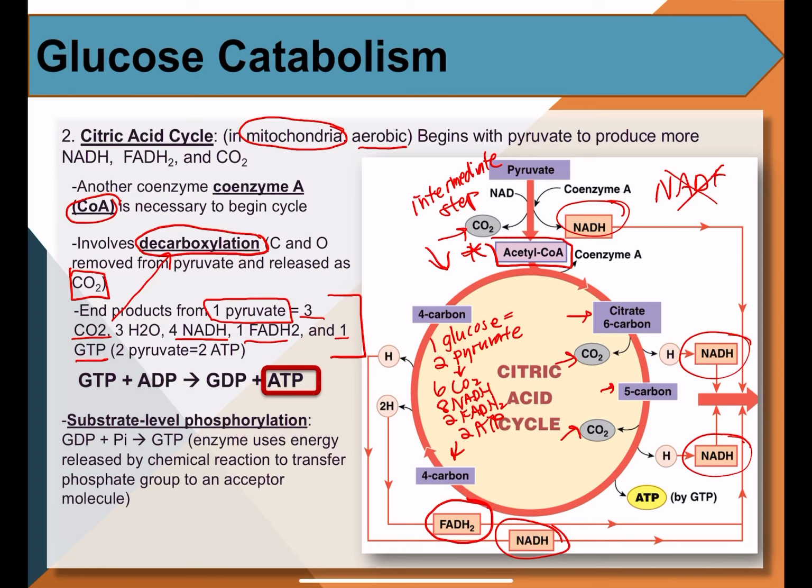Phosphorylation usually indicates addition of a phosphate group to a molecule. So here's that phosphate group, and we're adding that phosphate group to GDP or ADP to make your triphosphate. So substrate level phosphorylation specifically means we are directly moving a phosphate group from one molecule to another molecule. This is different from oxidative phosphorylation, which happens within the electron transport chain.